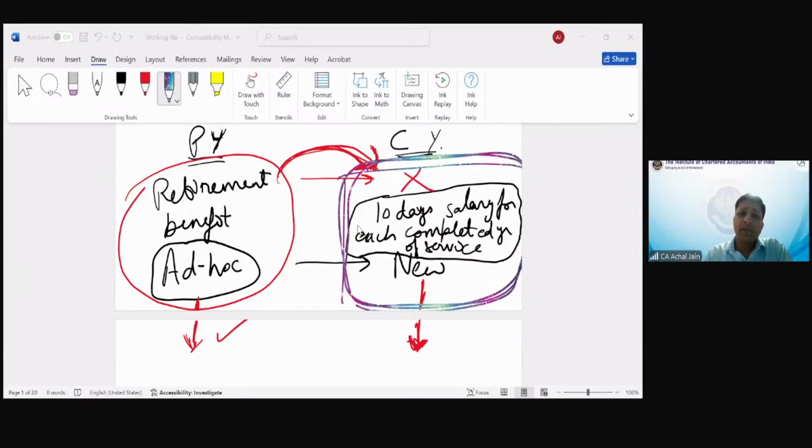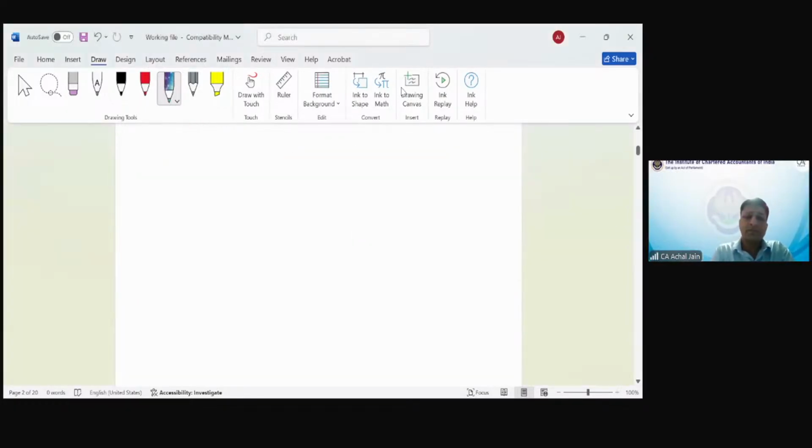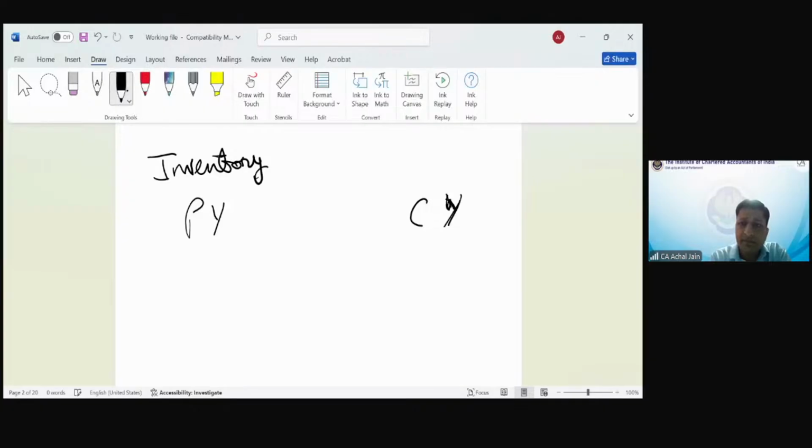Let me give you one more example. Say the nature of inventory of the company has been similar. The company is doing same set of business year on year. There's no change in the previous year as well as current year. So that's why the type of inventory company holds, all of these things are same in both the years. But last year company followed weighted average.